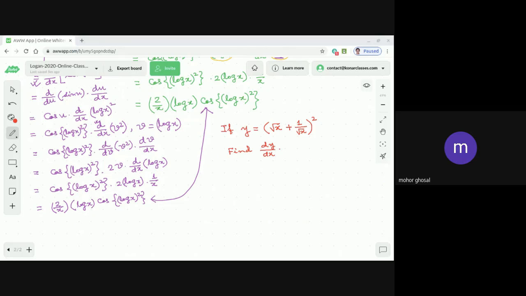Sir, after a few steps, I'm not understanding what to do next. So I got 2x plus 2 by root of x. Okay, so Mohar, I got your statement. Gurman, what do you say? I got 2x plus 2 by root of x. Okay, we'll see.